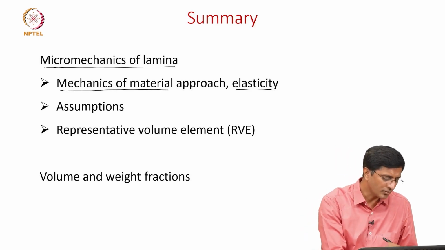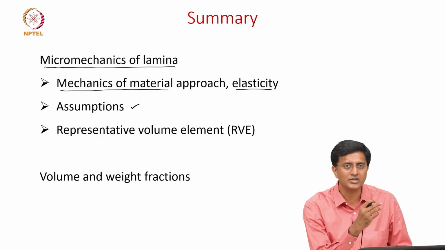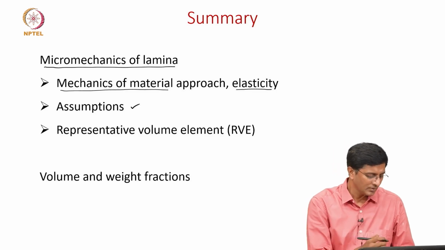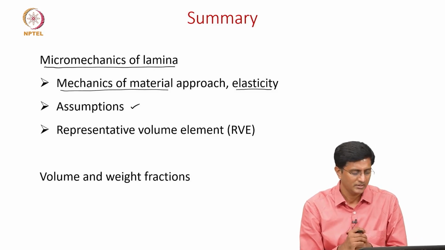Later, we also discussed the assumptions we make at the lamina level as well as the constituent levels. So we made several assumptions. Mostly we said these are homogeneous materials, both the fiber and the matrix. They are isotropic and linear elastic materials. We also made assumptions that they are perfectly bonded and perfectly aligned.